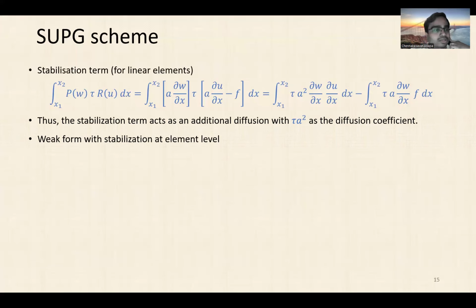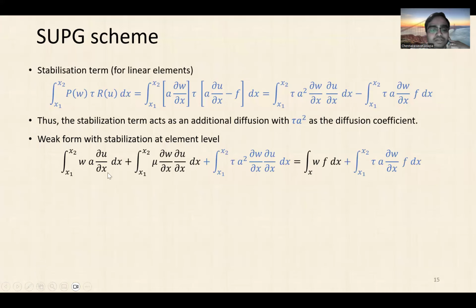Right? Okay. So now we can write the weak form including stabilization at the element level. We have all the three terms now. The first two are from the standard weighted residual statement. This is at the element level. The first one is for the advection part. The second one is for the diffusion part.